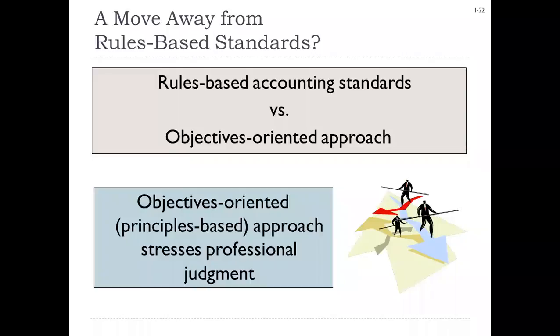So that's a rules-based approach. A very specific time that you have to be home. The rule is you gotta be home by 11 p.m. On the other hand, a principles-based approach would be something like: be home at a reasonable time.